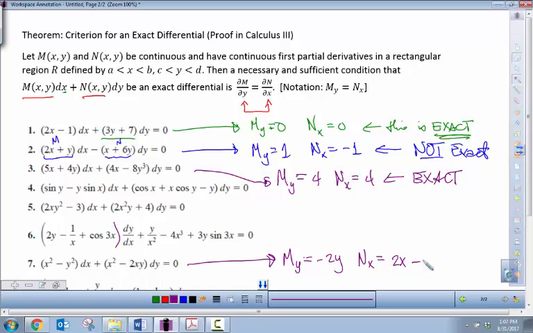Minus 2. y is a constant, so we need to attach that also. So if it was better to look at 2y times x, and then take the derivative of that with respect to x, where y is constant, then it's just going to be whatever that constant is. So here we have not exact again.